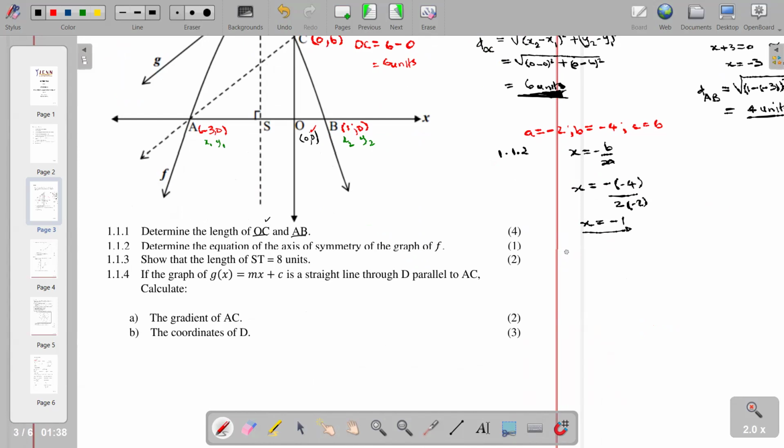We are on question 1.1.3. We have the x coordinate of the turning point, which we found to be negative 1.